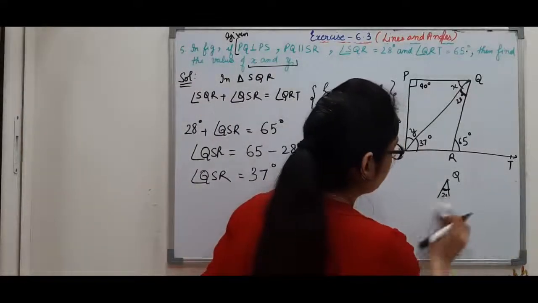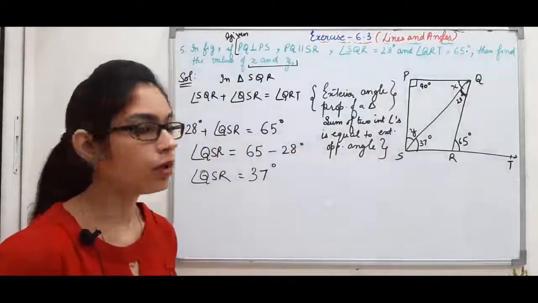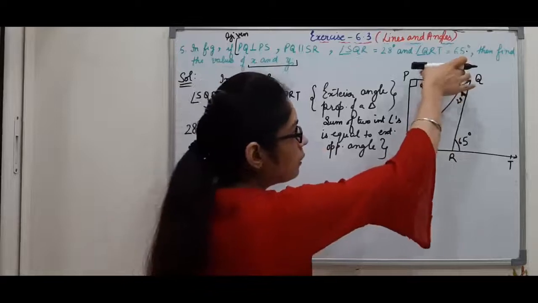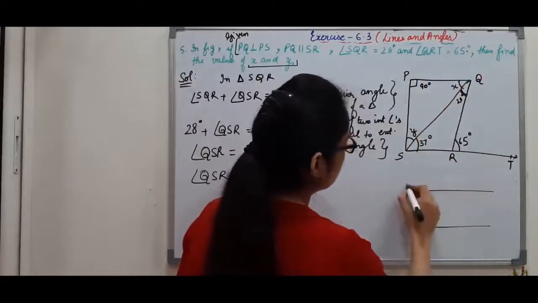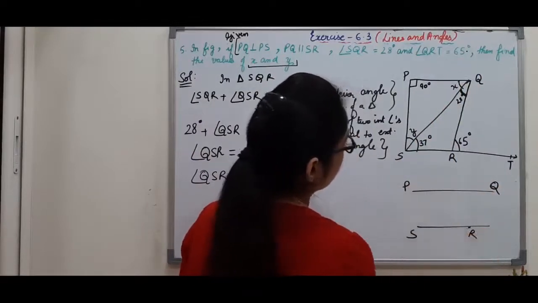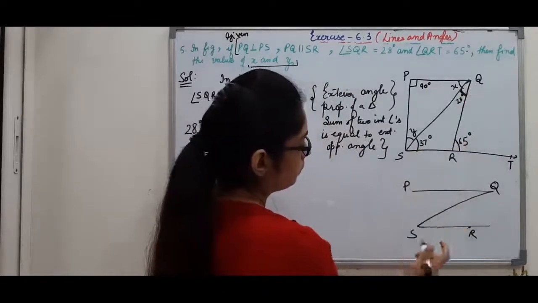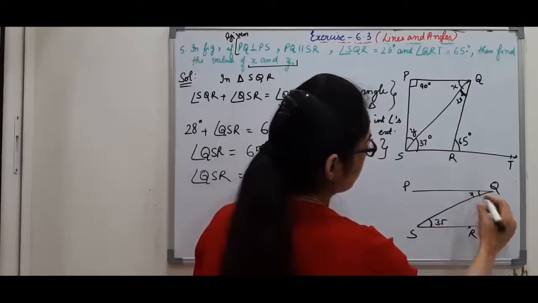Now we know the value of this angle. Again we can use the concept of alternate interior angles, because this side is parallel to this side and this is a transversal. See, PQ is parallel to SR, and this transversal we will take as QS. So this is one angle which is equal to 35 degrees, and this is x.